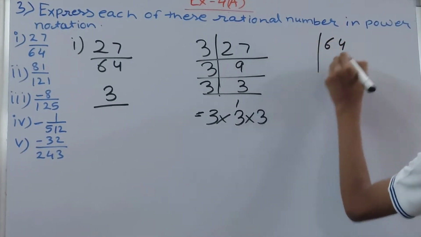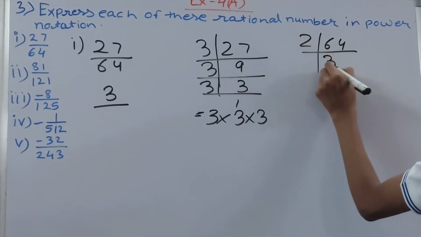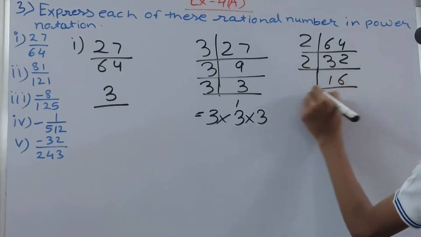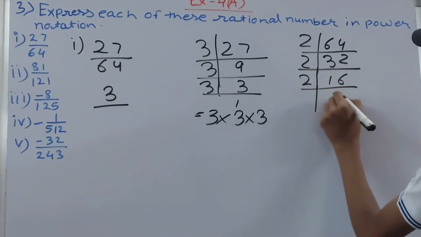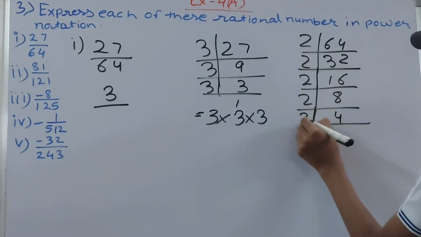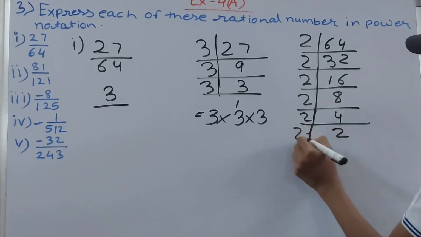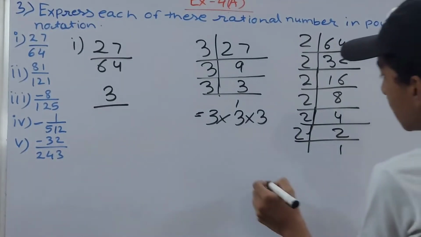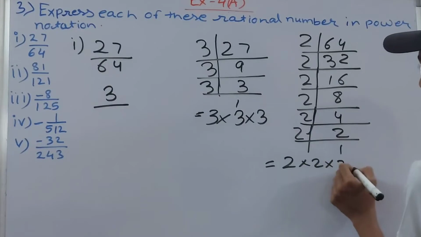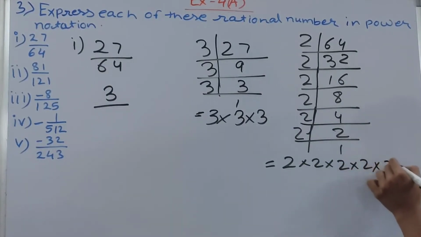Again by 2, and lastly 2. So how many times is this going to go? 2 into 2 into 2 into 2 into 2, and one more, 6 times.